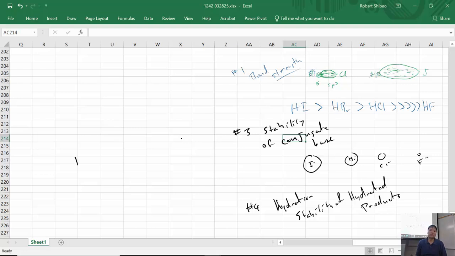Let me ask you, electronegativity. What's fluorine's electronegativity? Anybody remember? 4.0. What's the electronegativity of fluoride? Is electronegativity of fluoride still 4.0? No, the electronegativity of fluoride is way, way below 4.0.